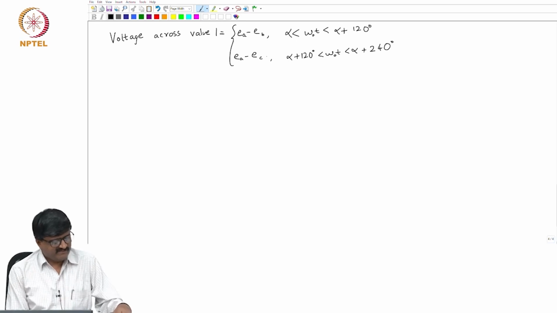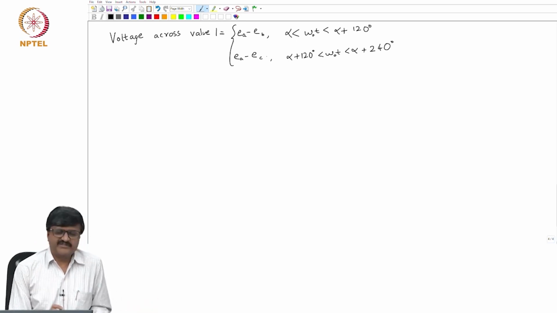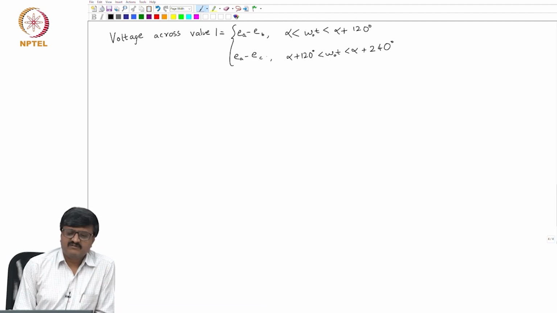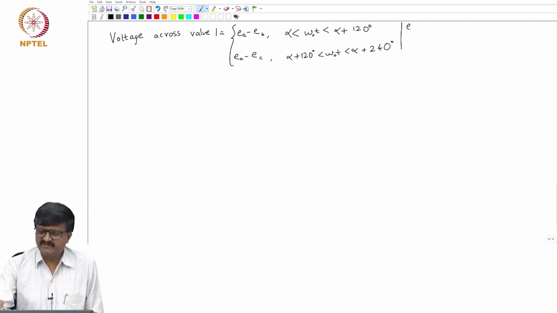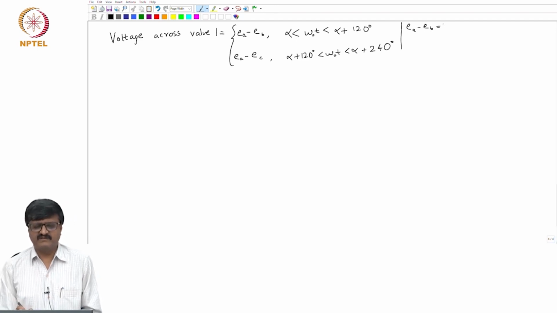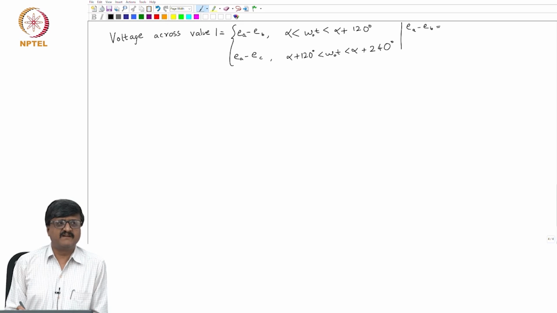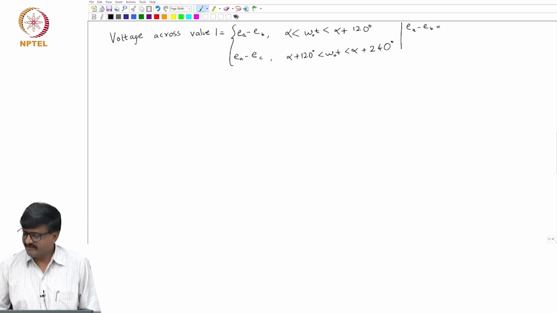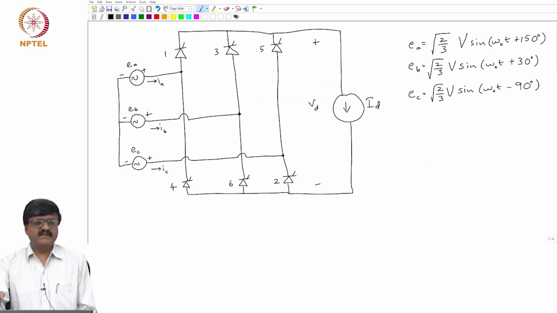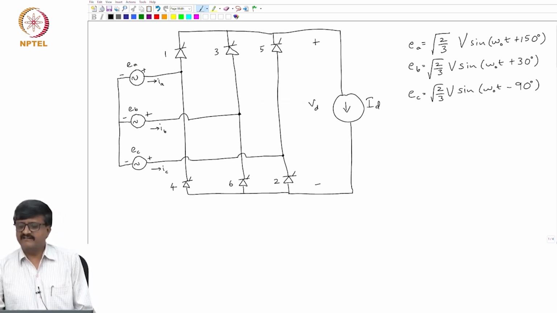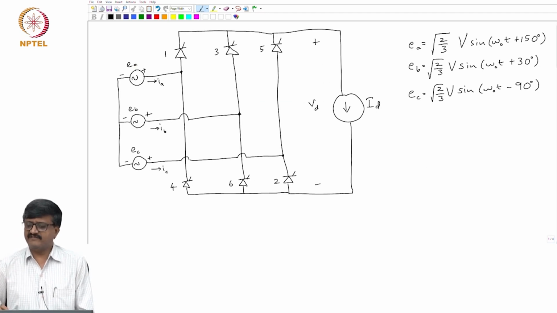Now, let us try to plot the voltage across valve 1. What is EA minus EB? Let us get the expression. We have the expression for EA and for EB. EA has a phase angle of 150, EB has a phase angle of 30.